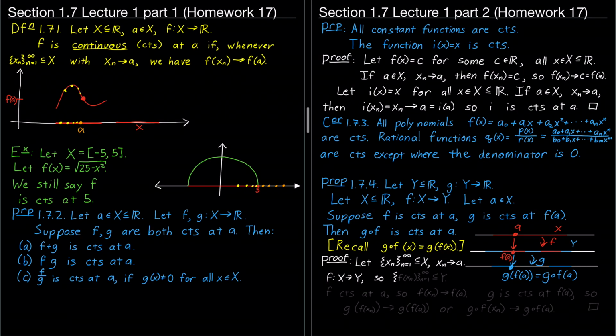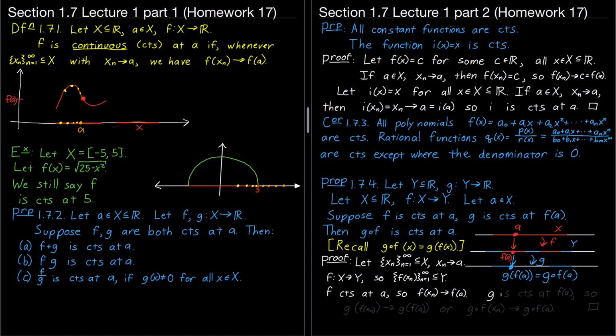So this sequence, f of xn: each xn is in x, so each f of xn is in y, and f is continuous at a. So if xn goes to a, that means f of xn goes to f of a.